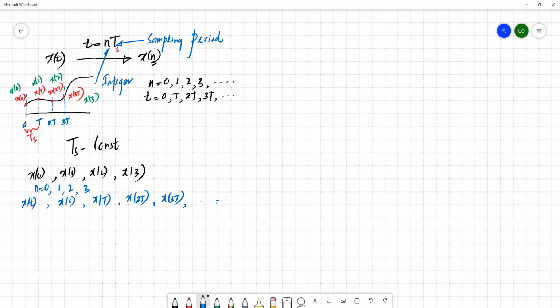These are the samples we capture, with the corresponding n values. So we can easily represent this discrete signal using x[0], x[1], x[2] and so on, where these give the index n, and this is the sampling period. This is the simple process of converting a continuous signal into discrete. So this is continuous, and this is discrete.